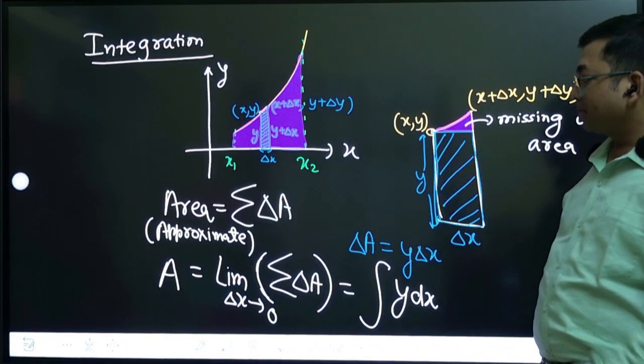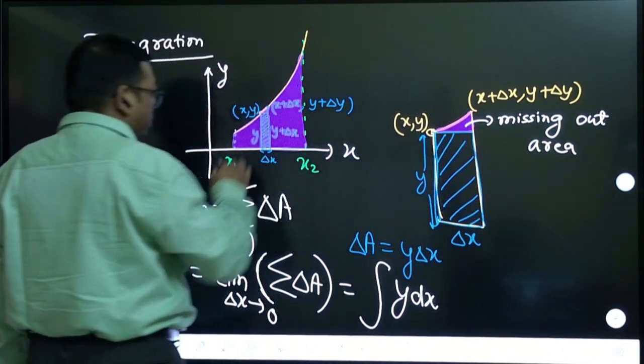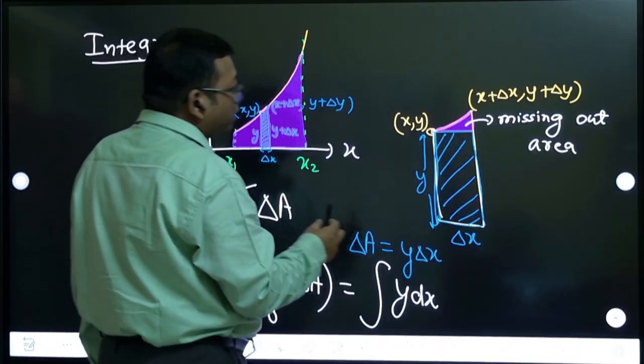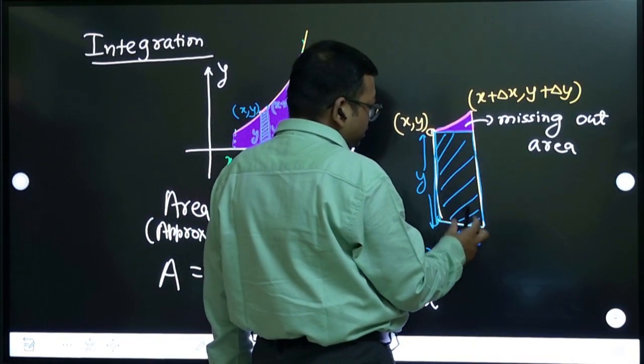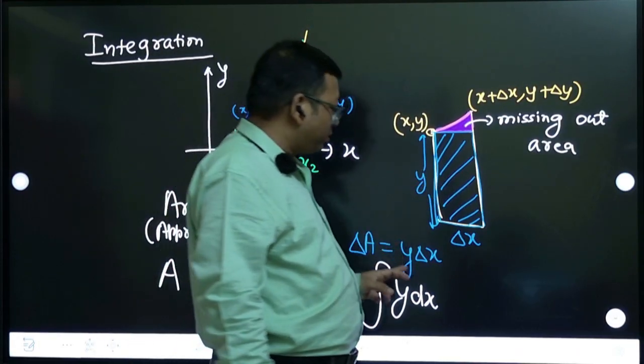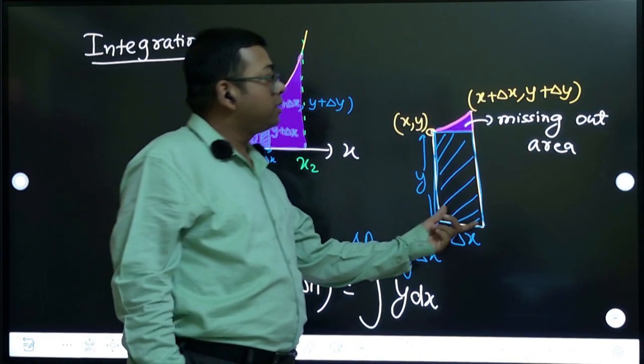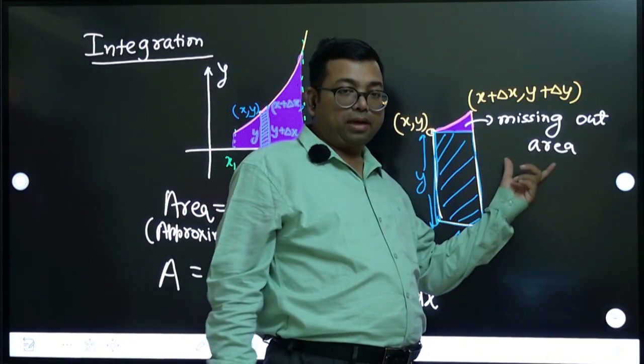So what I was explaining is that you want to calculate the total area below the graph from x1 to x2. You are cutting a small strip or a small rectangle, and when you calculate this rectangle area and add all those small rectangles, you are missing out some area.